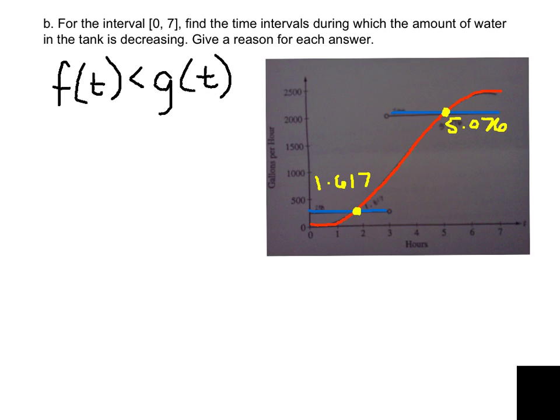So, to rewrite this to match the colors, it would be f of t is less than g of t. As you can see, this occurs between 0 and 1.617 because the red line is below the blue line. So that is your first interval.